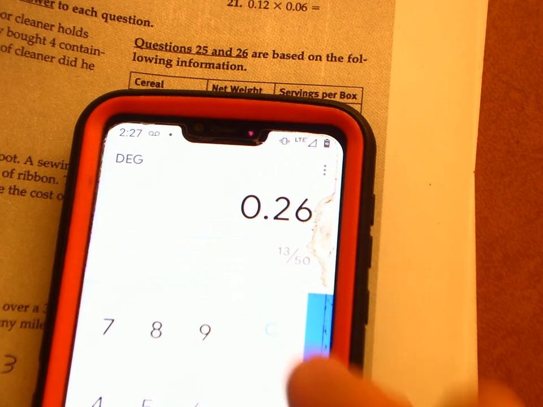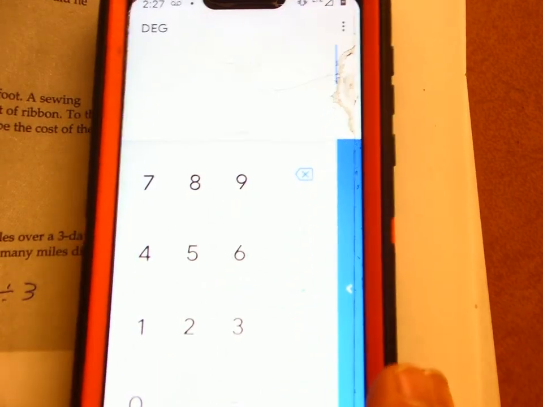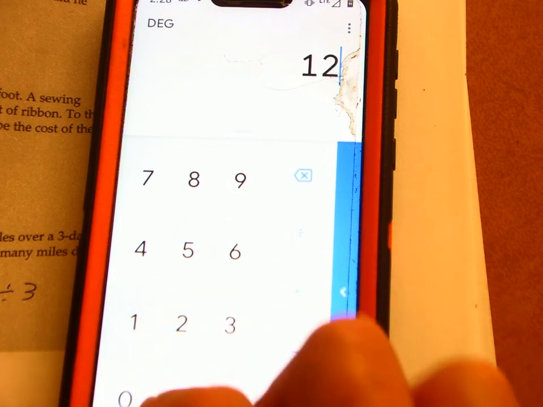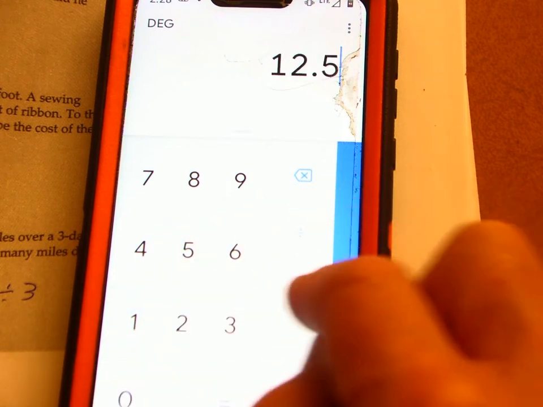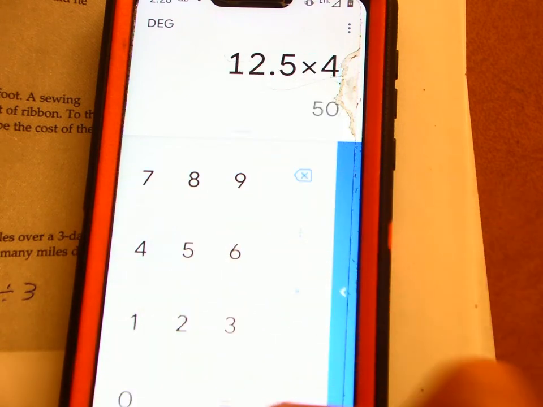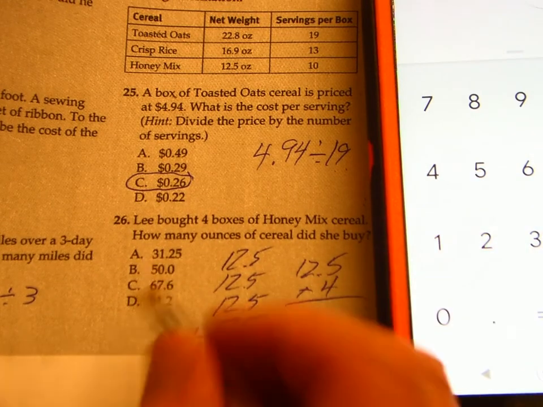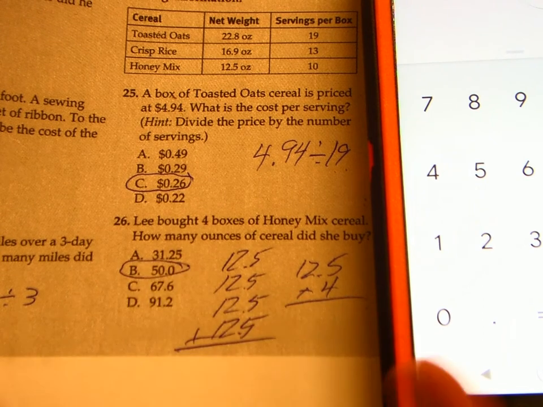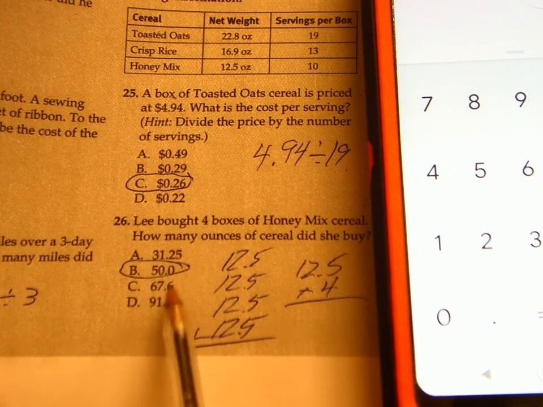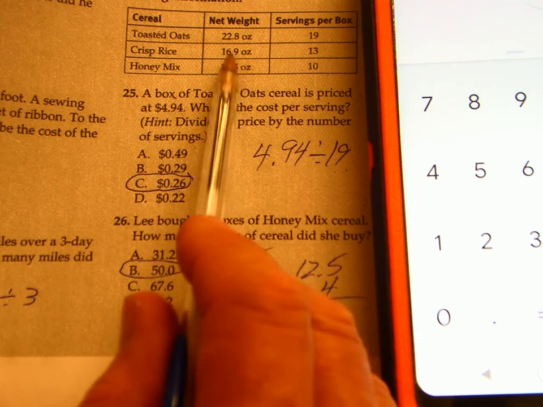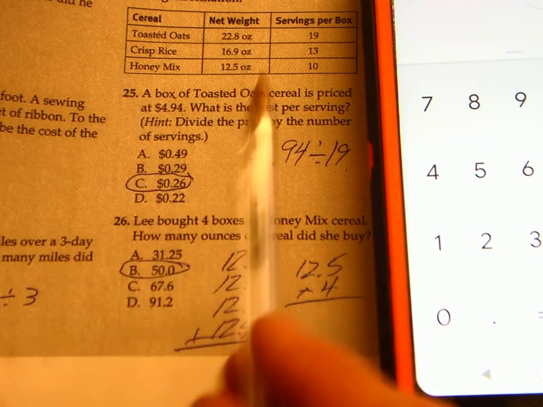Well, let me clear it. Clear. Okay, 12.5 times 4 equals 50. There it is, B, 50 ounces. How do they get these other numbers? I think some of these numbers, they took the other cereal, right?